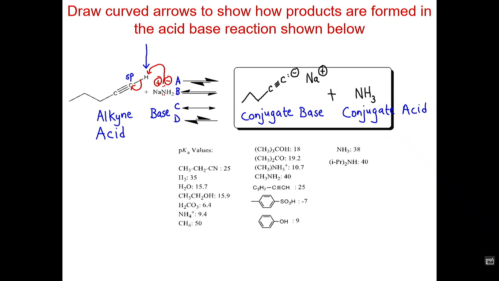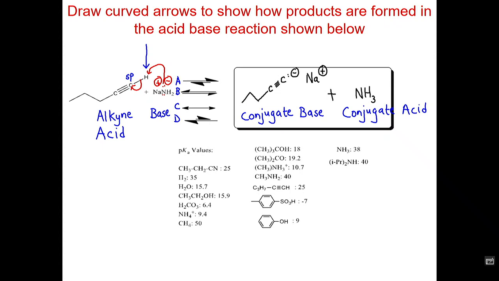So once we have the first part of the problem, the next part is to find the direction of equilibrium in this acid-base reaction, which basically means we would like to know if this reaction moves forward, if it gives you the conjugate base and the conjugate acid.